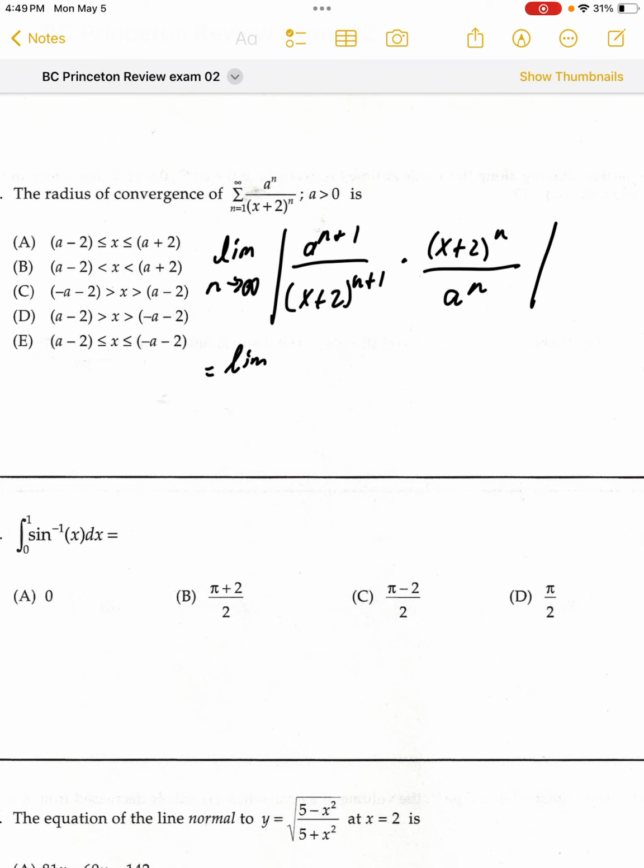This will be equal to the limit as n approaches infinity of a over x plus 2, right? This has to be less than or equal to 1. So a divided by x plus 2 has to be less than or equal to 1.